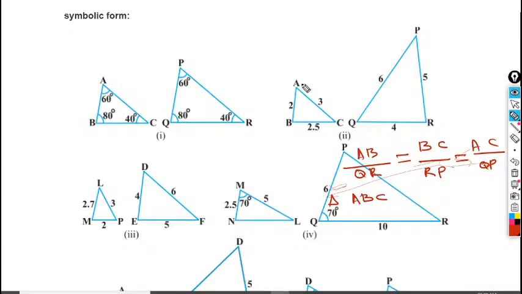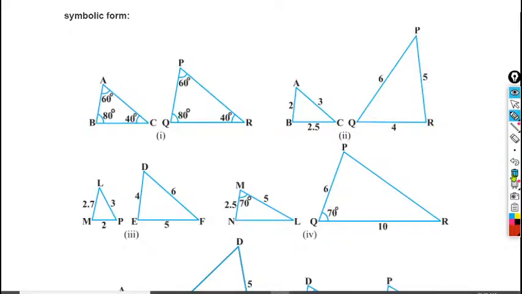You can clearly see A is corresponding to which side? Q side. So first you write Q. B is corresponding to which side? Here you can see 2 twos are 4 and 2.5 into 2 is 5. Therefore, B is corresponding to R. So QR, and write the triangle symbol. So triangle ABC is similar to triangle QRP, and what is the criterion for similarity? Here, side, side, side.